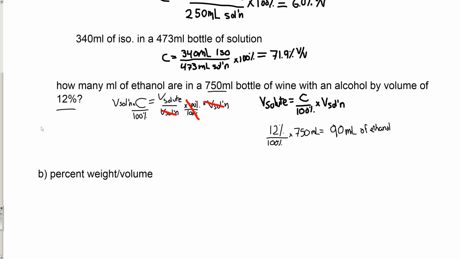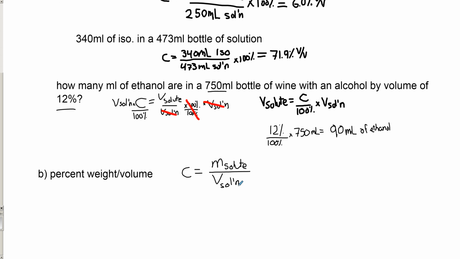So what we need to do in a situation like this is take the mass of the solute divided by the volume of the solution. So I'm going to say mass of solute divided by the volume of solution, and then times 100.